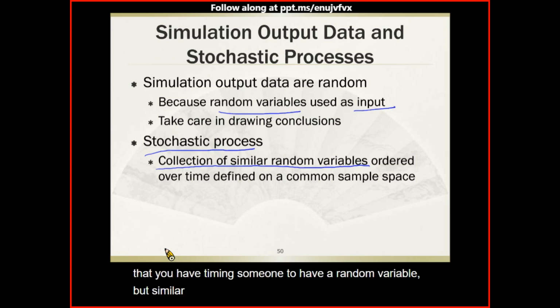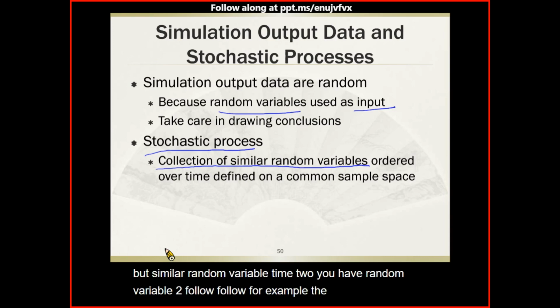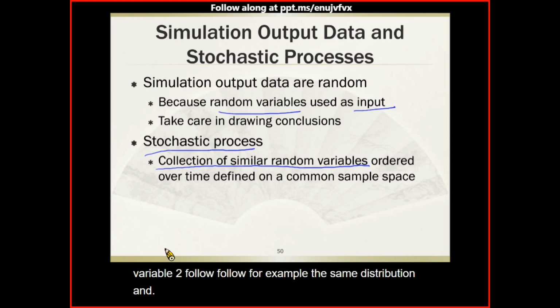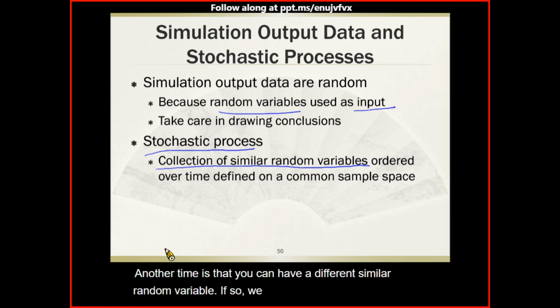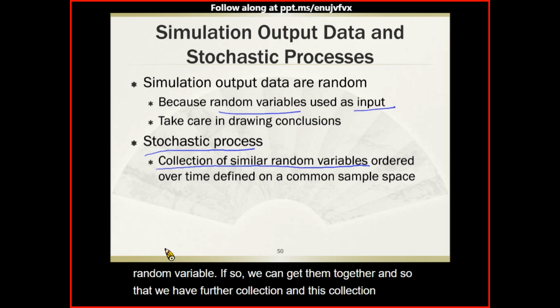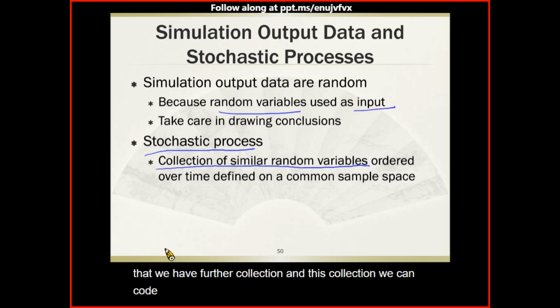At time 2, you have random variable 2, following, for example, the same distribution. And at another time instant, you can have a different similar random variable. If so, we can get them together so that we have the collection. And this collection we can call the stochastic process.